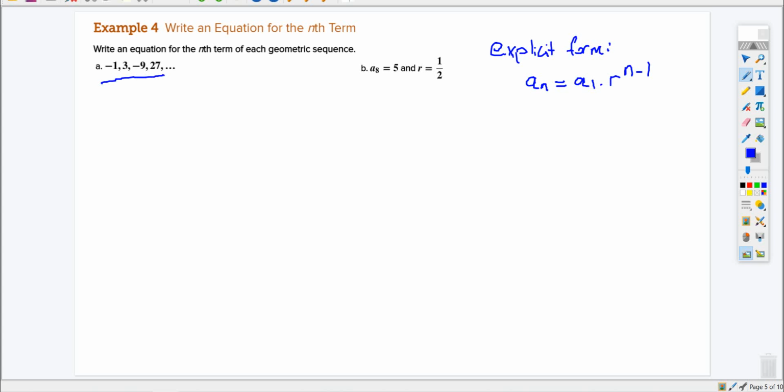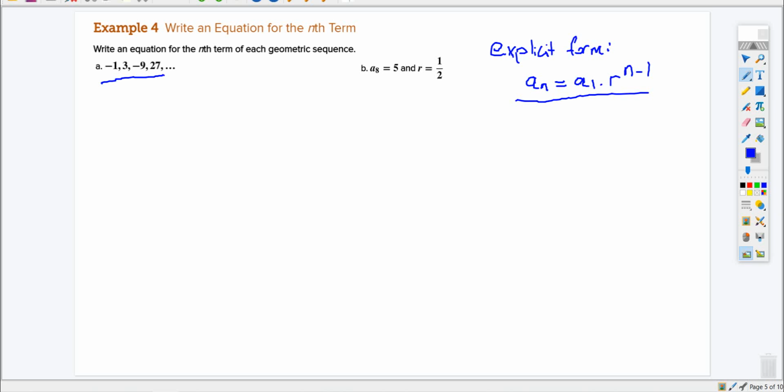What represents this infinite sequence is called explicit form. For example, we have the formula again one more time: a_n is equal to a_1 times r to the power n minus 1. a_n is the nth term, a_1 is the first term, r is the common ratio, and n is the position of the term.